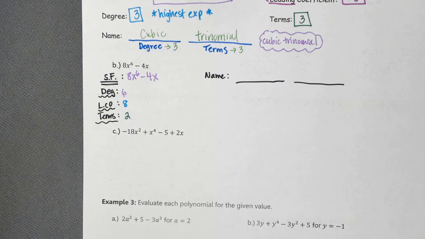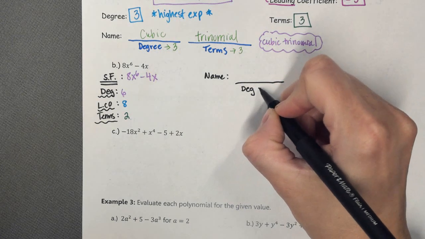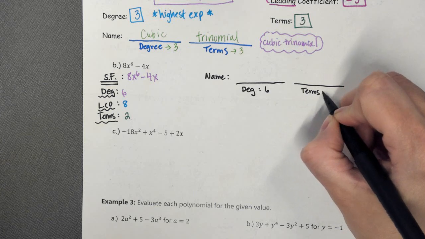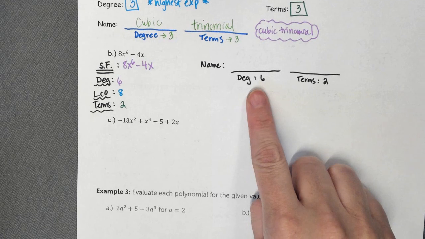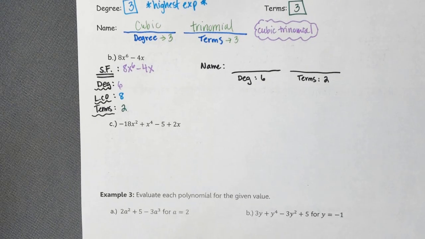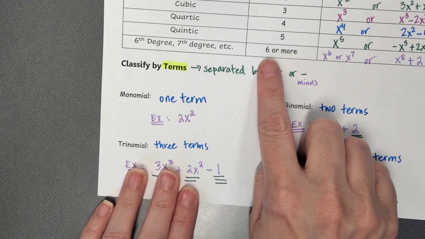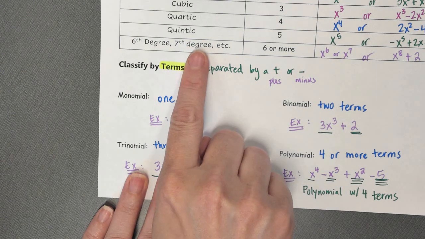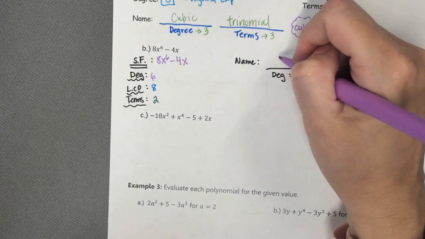Now the name is based on 2 things. The degree, which we just said is 6, and then the terms, which we just said is 2. So for the degree, let's use our chart. If the degree is 6 or more, we just call it the 6th degree, 7th degree. So the name is going to be the 6th degree.